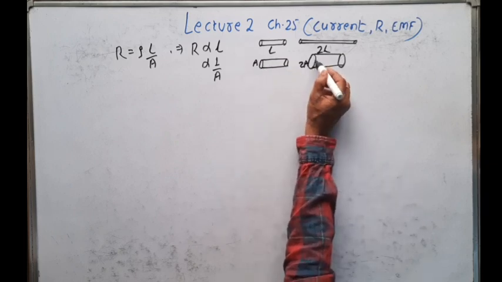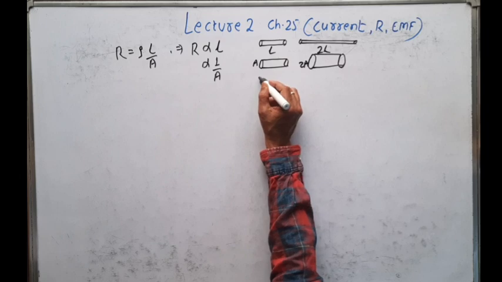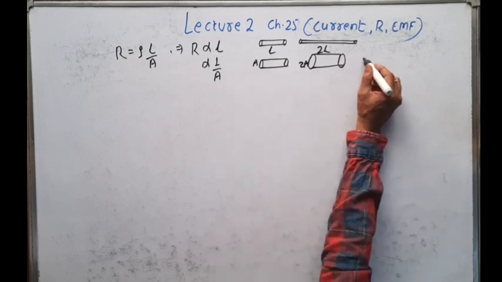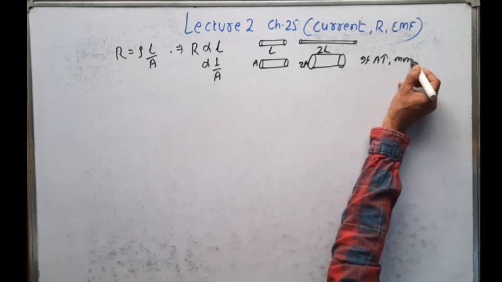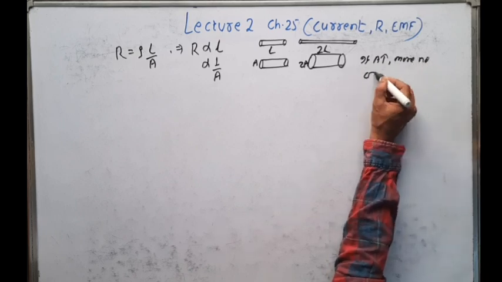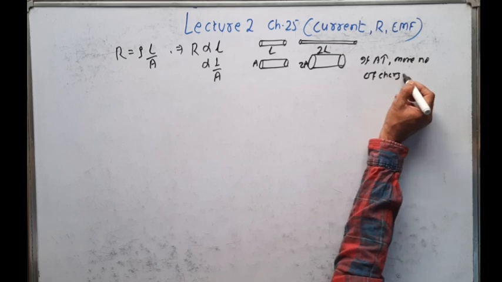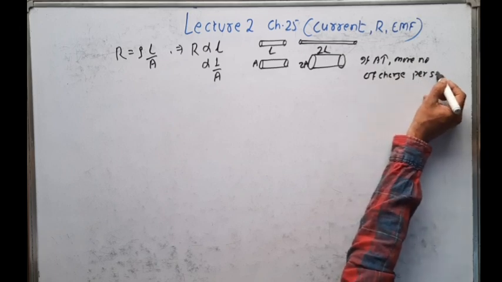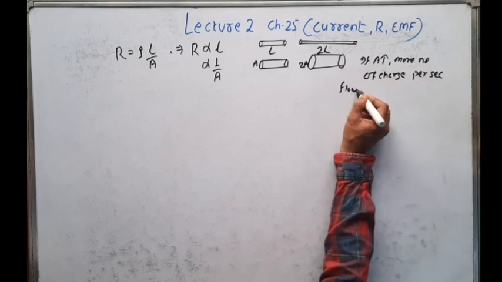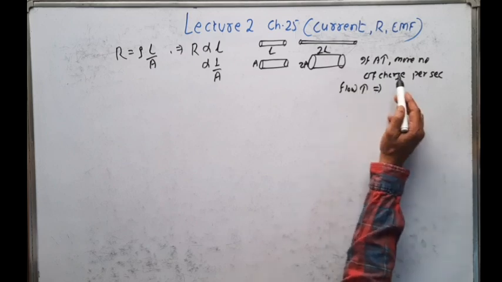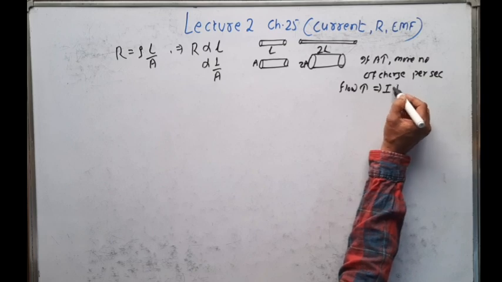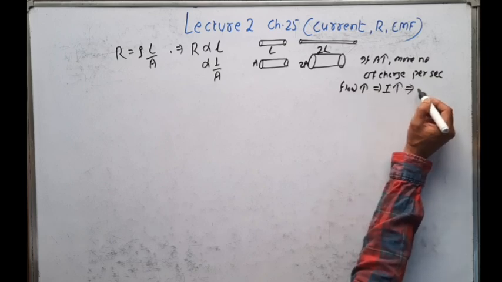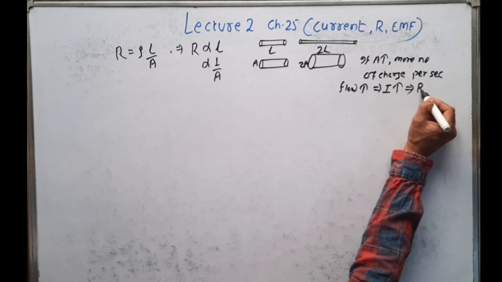So if area increases, what will happen? More charge per second flows. That means the rate of flow of charge will increase. That means current increases. If current increases, definitely there is less opposition.